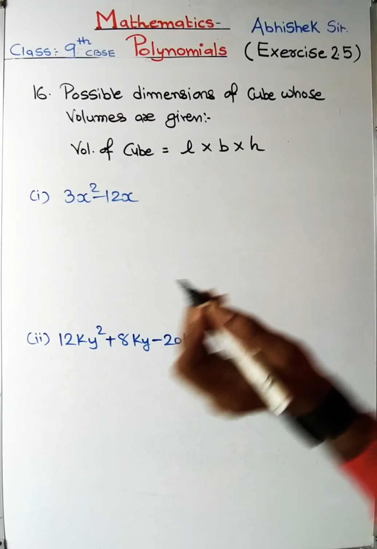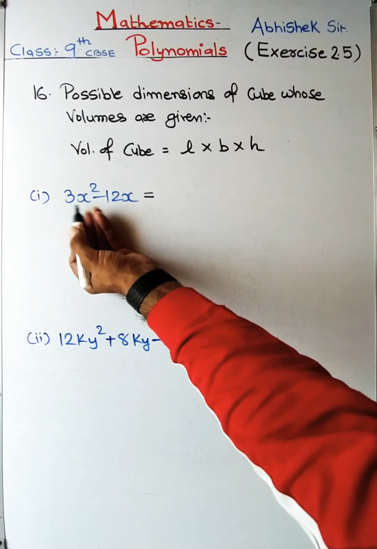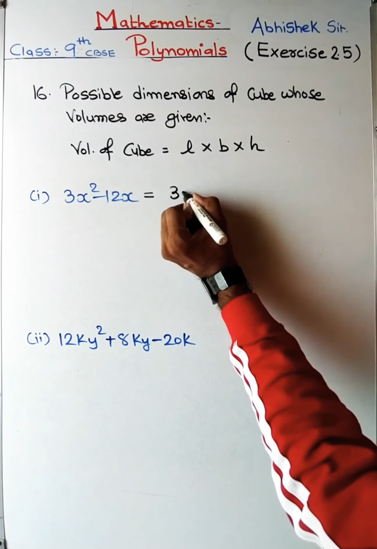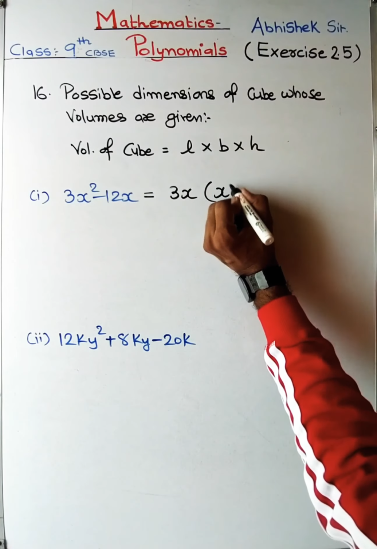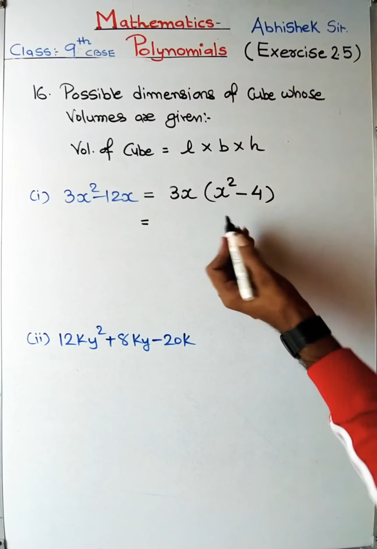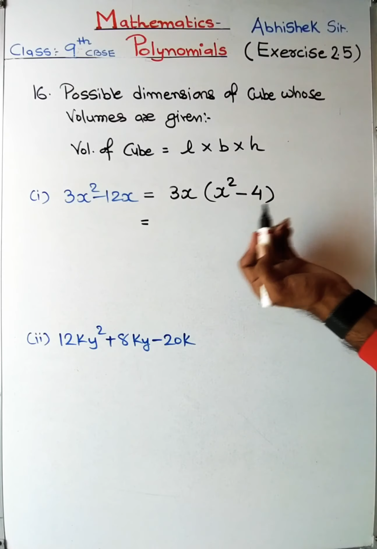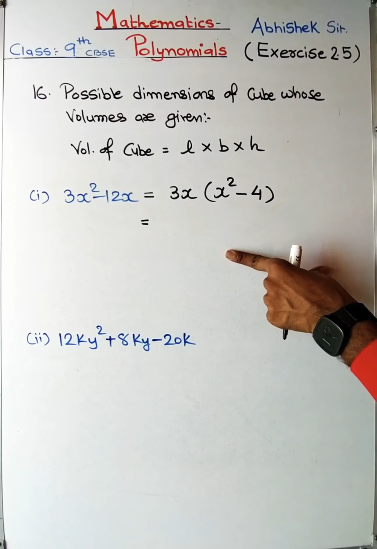Question number 1 is very easy. Let us try to factorize this. Can we take the common first? So 3 and x is the common term. Then we have x square minus 4. Now we all know the identity a square minus b square. So we can use this identity because we still have to split this bracket into 2, right?